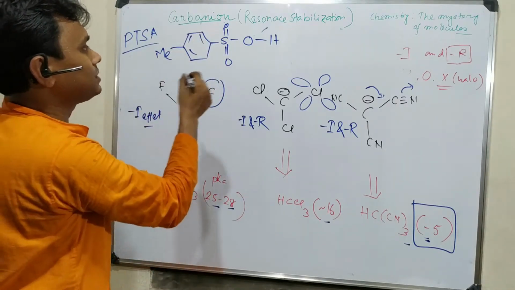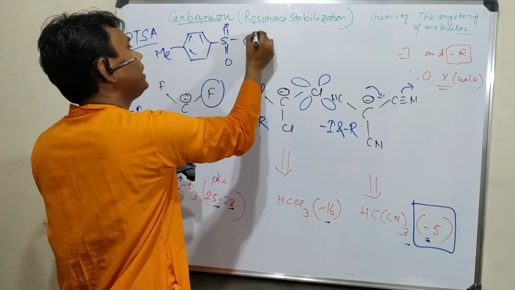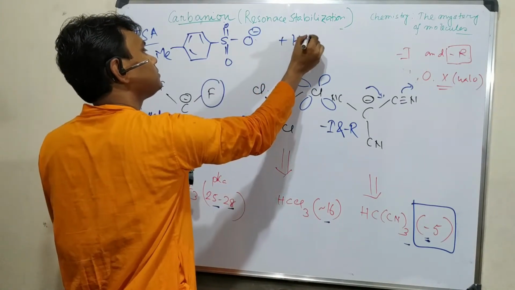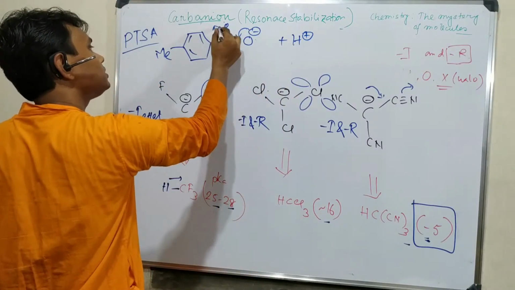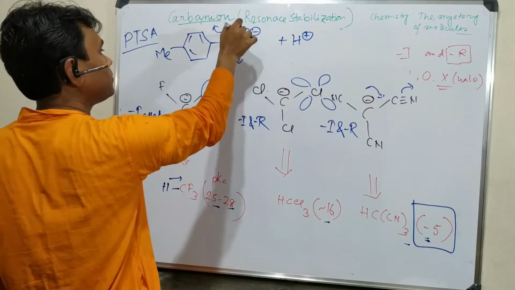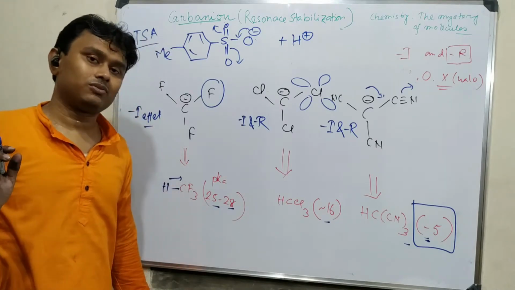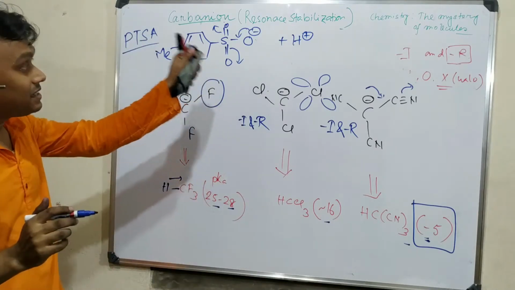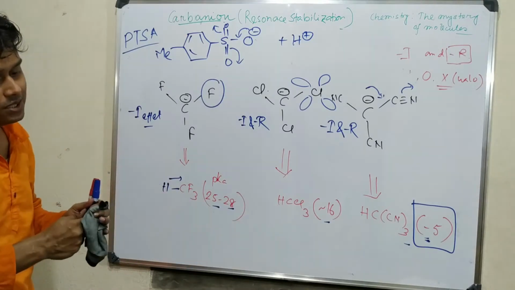It is a sulfonic acid, so it easily donates its proton, and forms O minus and H plus. This negative charge is delocalized using these two oxygens with different canonical forms, and this negative charge delocalization produces three equivalent canonical structures, and its pKa, that is the most fascinating thing, its pKa.